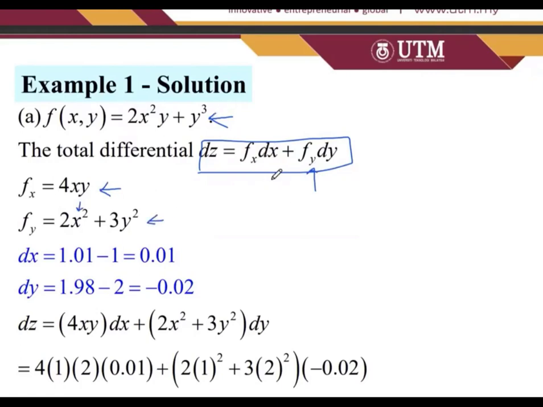And then what about dx and dy? dx is the change that you made. Let's say from 2 cm to 7 cm, so 7 minus 2 is 5 cm.